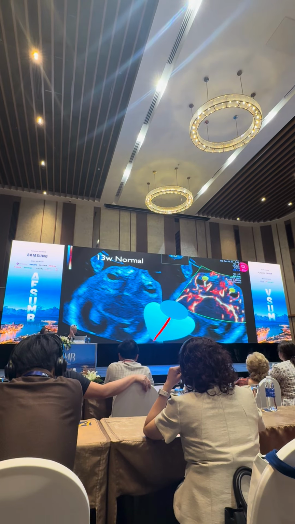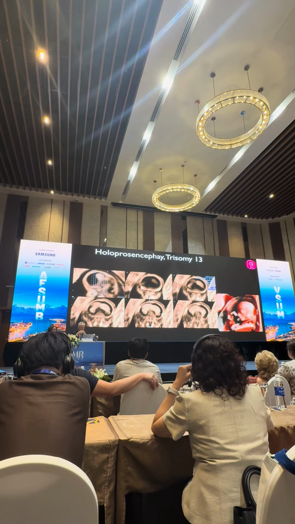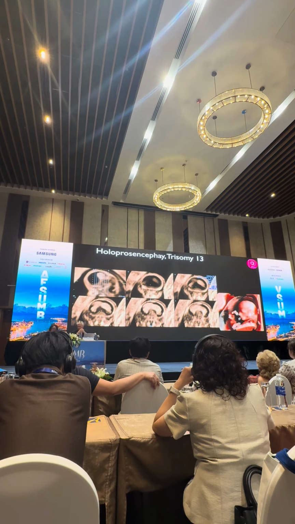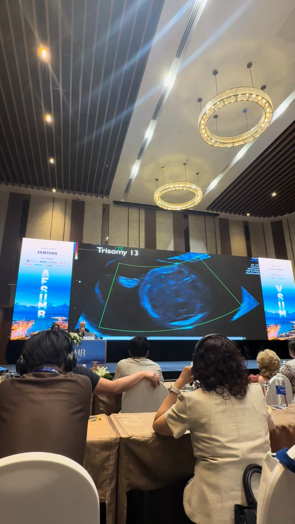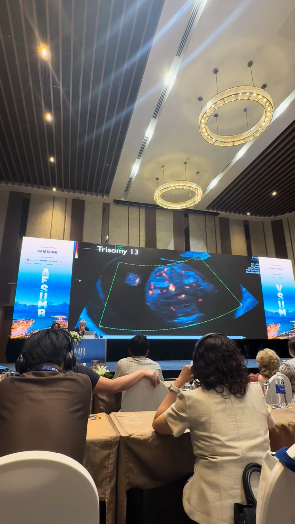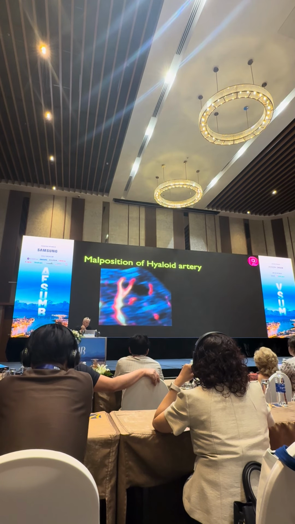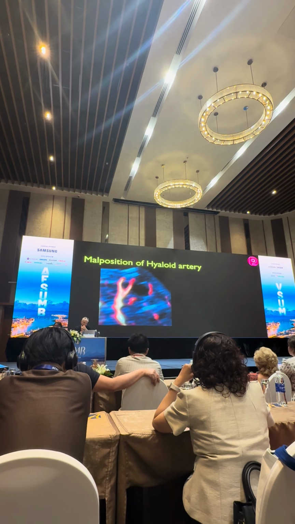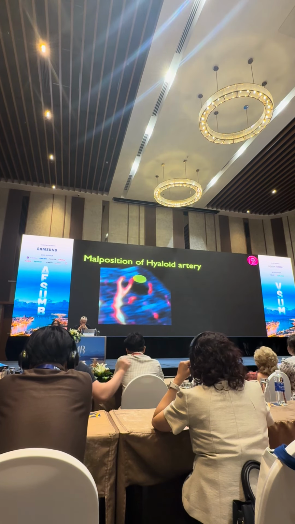However, if you see the holoprosencephaly trisomy 13 case, you can see this is the hyaloid artery here, and what I would like to say is the malposition of the hyaloid artery in the case of holoprosencephaly of trisomy 13.